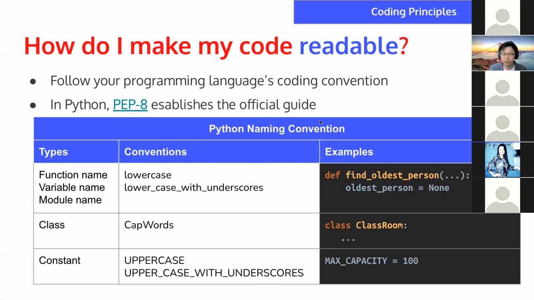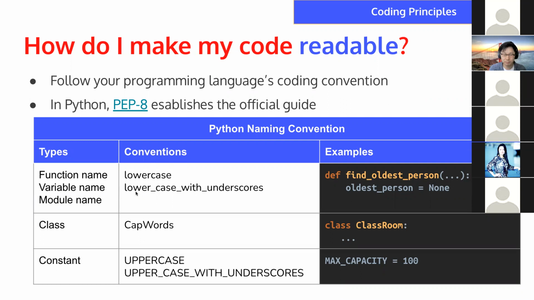Just to go over one example, one important aspect of making the code readable is naming, like variable naming. Well, it's not just variables actually, any kind of naming. There's a naming convention in Python that you should be following according to this guideline. For function names, variable names, and module names, you want to use lowercase or lowercase with underscores that look like this.